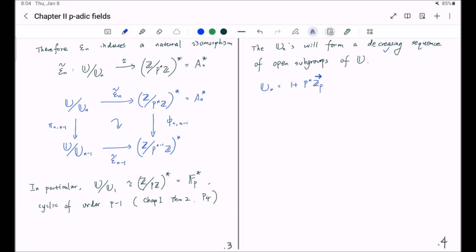This p to the power n times Z_p will get smaller and smaller with the increasing n. And this is open because it can be written as an open ball centered at 1 with radius e to the power negative n minus 1. This is something we proved before.